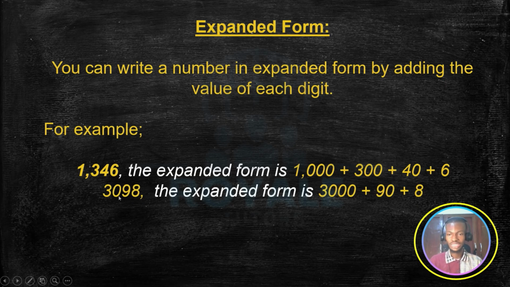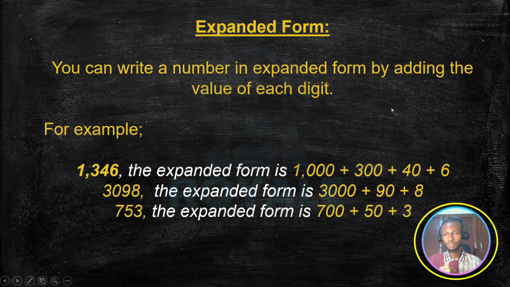Remember, this 0 is a placeholder for the hundreds place, that is, there are 0 hundreds. So the expanded form of 3098 is 3000 plus 90 plus 8. Look at another example. We have 753. The expanded form is 700 plus 50 plus 3.